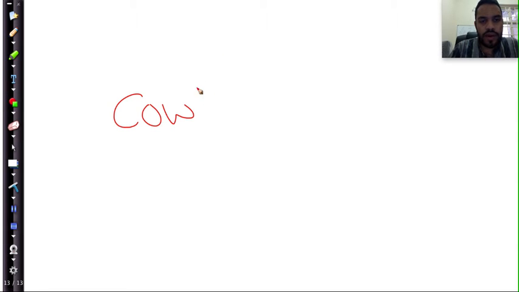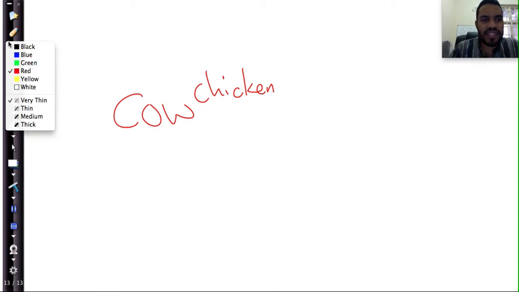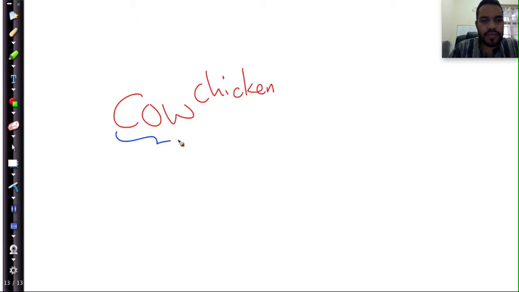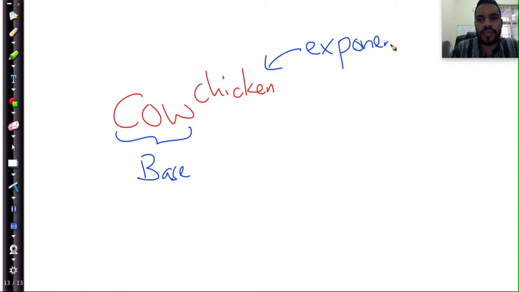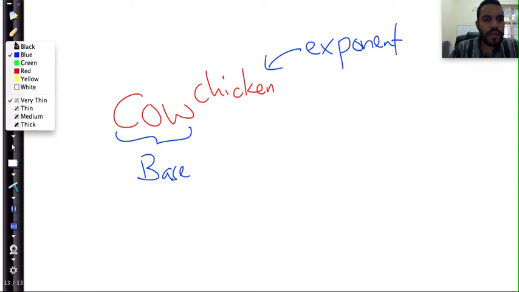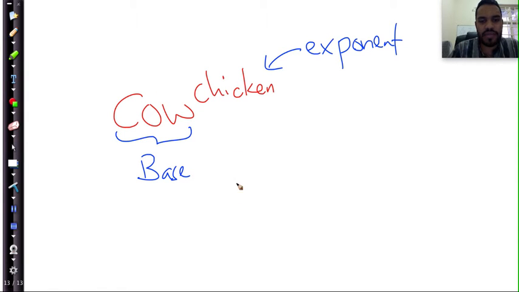Okay, so what about cow to the power of chicken? This is again the exponent and this is again the base. That's the base and that's the exponent, or the power. Now the exponent over there, we will say this here is cow multiplied by cow a certain number of times.